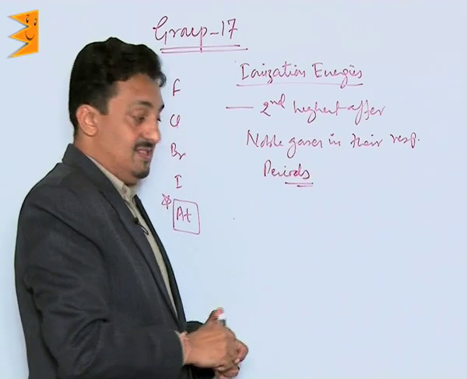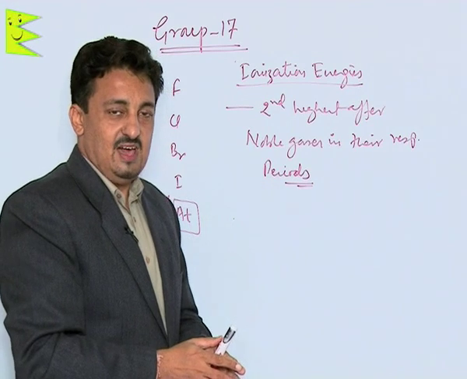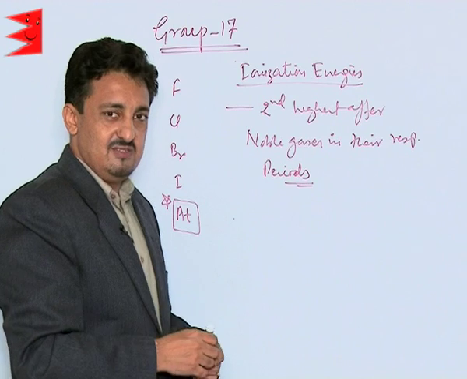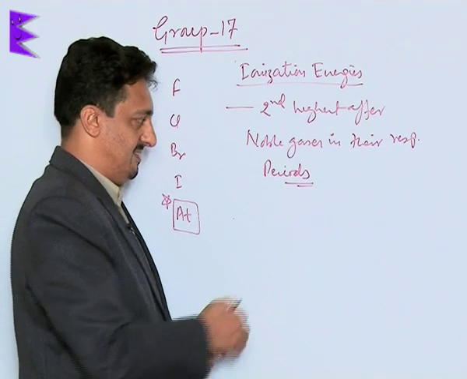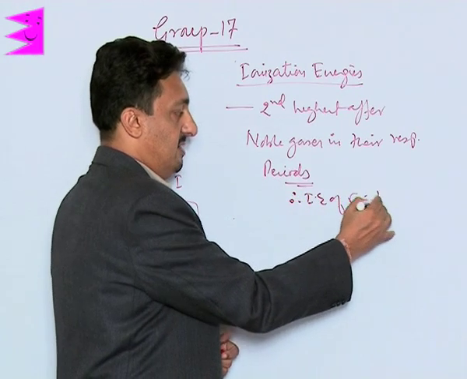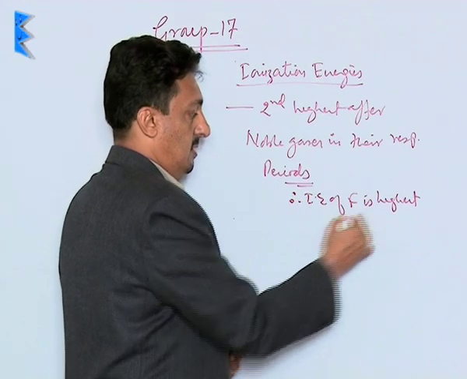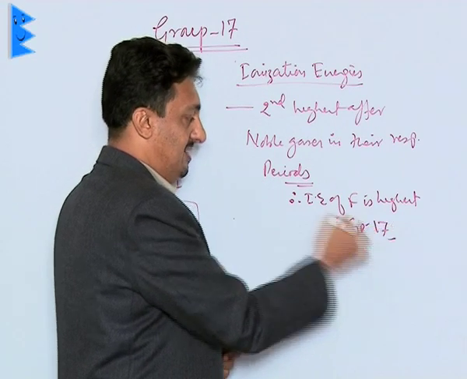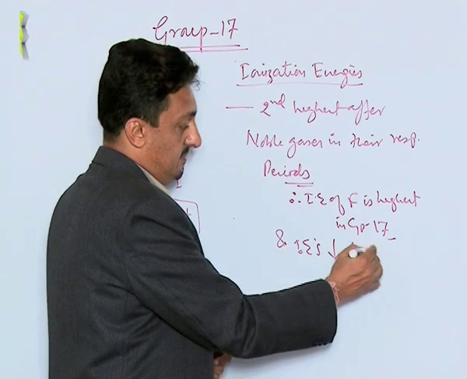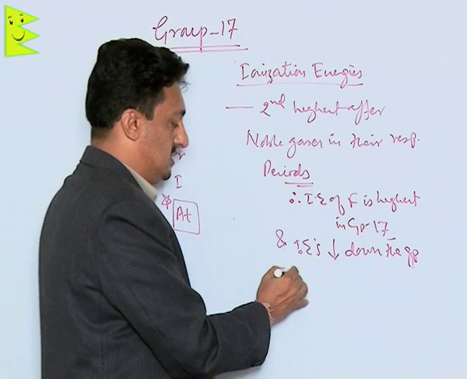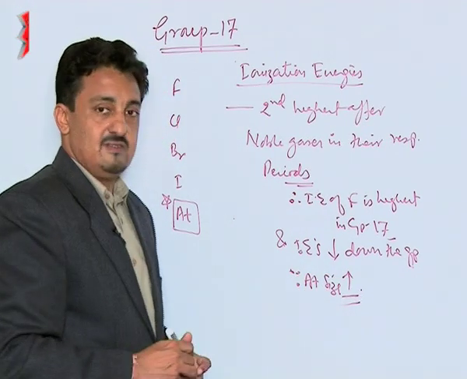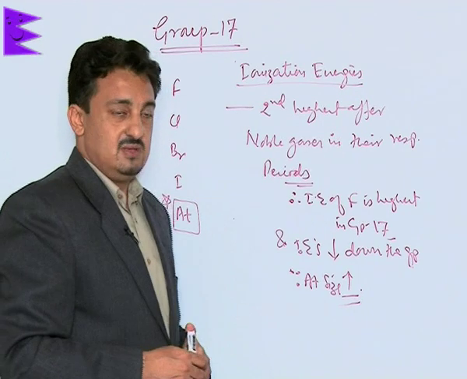Remember, they are just after noble gases in their ionization energies because their sizes are very small and nuclear charge is very, very high. That's why it's like this. So what we find is the ionization enthalpy of fluorine is highest in group 17, and ionization energies decrease down the group because atomic size increases. So that's the basic system we have.